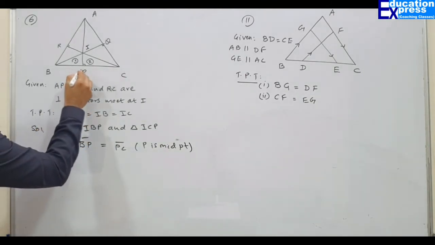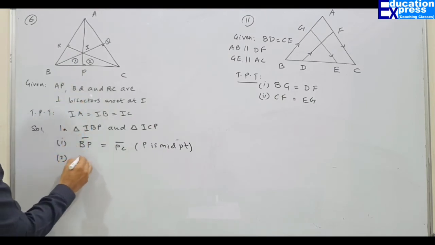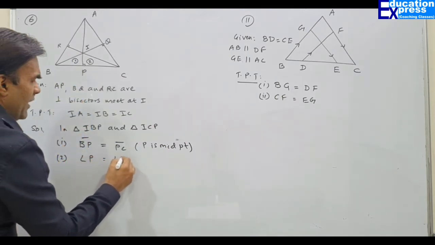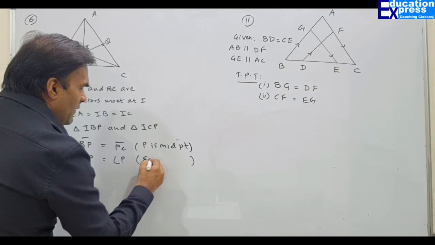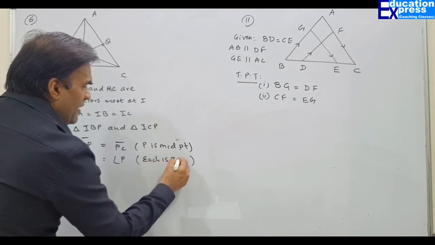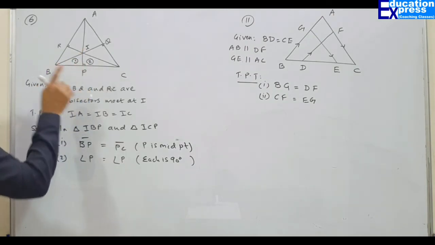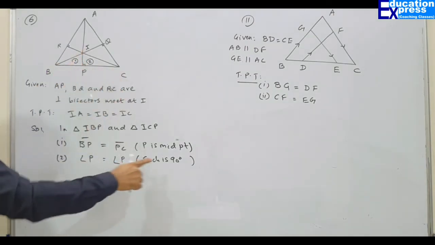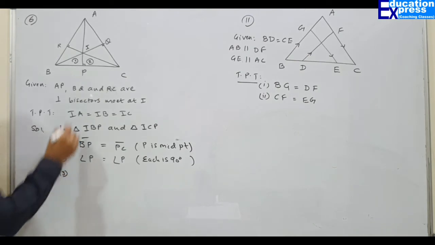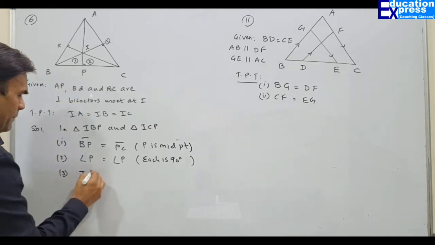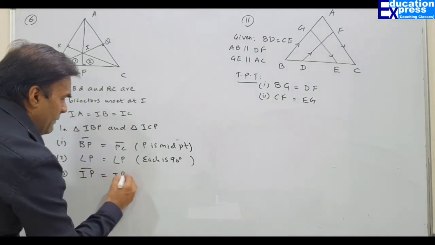So can I say angle P is 90? Wonderful. Angle P equals angle P. That means each is 90. My dear friend, please do mention the complete name. Angle IPB equals angle IPC. Each equals 90. Point number 3. So can I say IP is equal to IP?